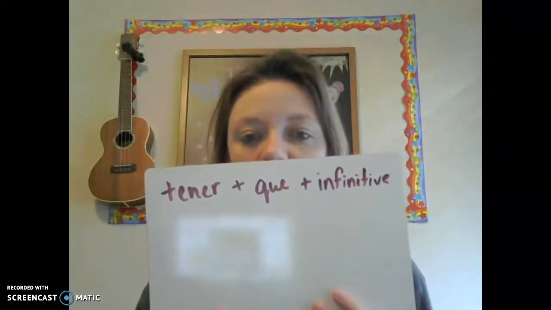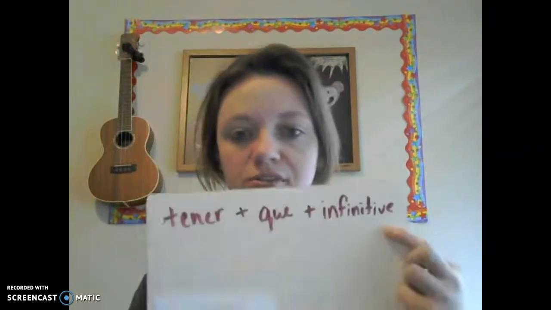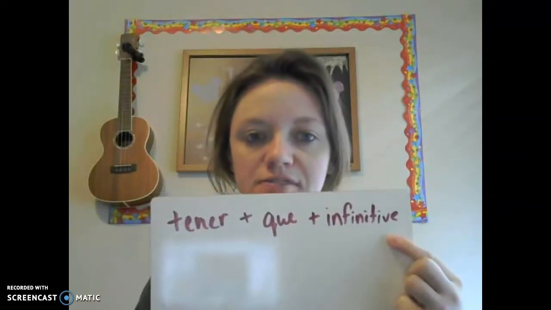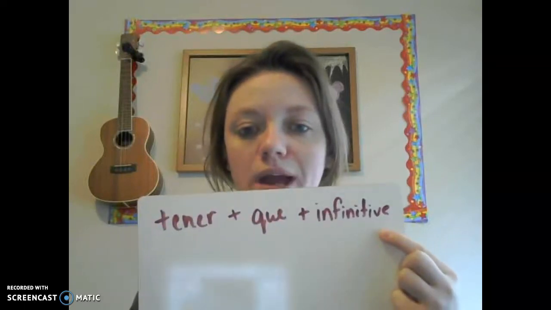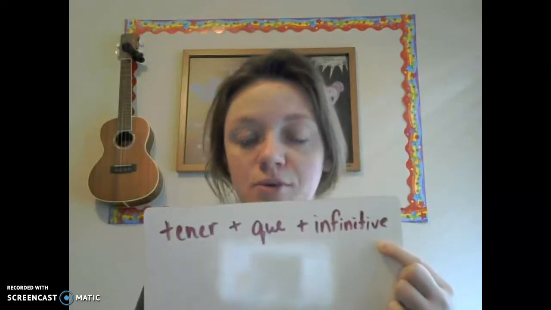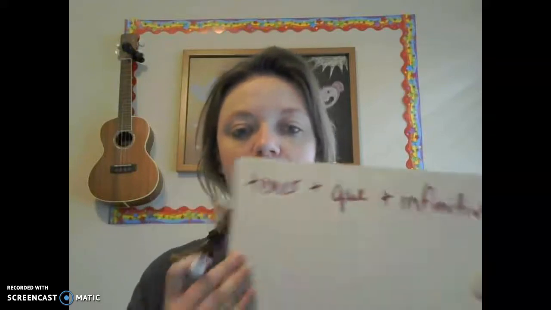So here's the construction, tener que infinitive. Remember, an infinitive is the verb left in its original form, so it ends in er, ir, or ar. Unconjugated verb. We start out with tener. We're not going to use tener in the infinitive, though. Tener, we do have to conjugate.